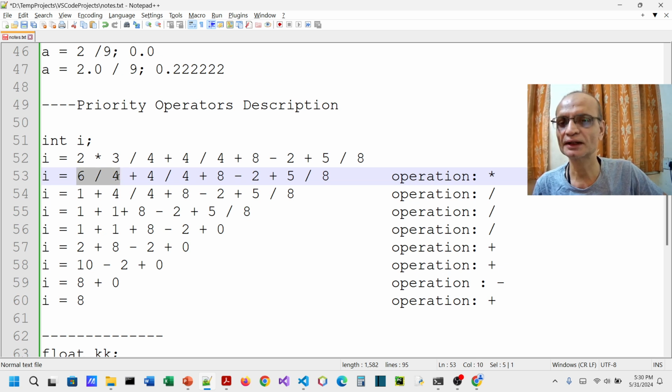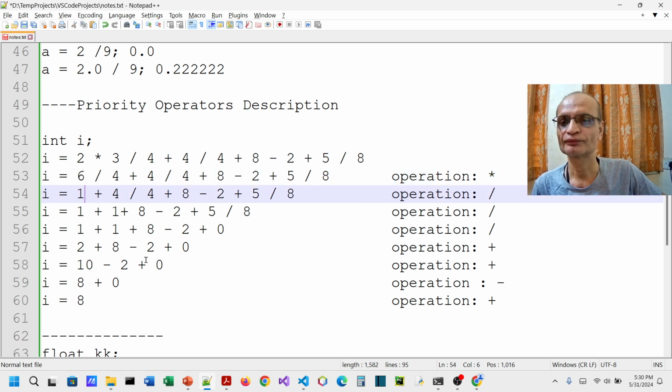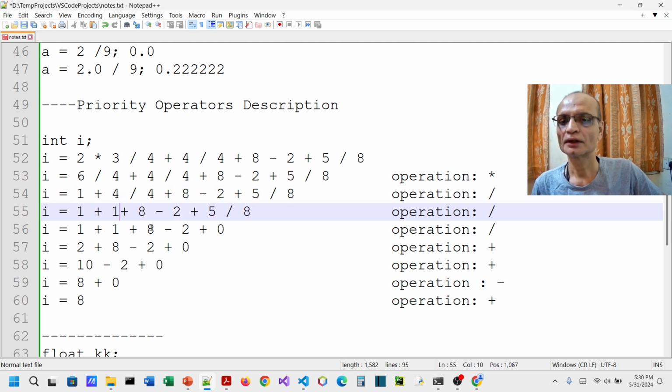Now you will see this is an integer division. 6 by 4 is going to give 1 point something, but 6 is an integer and 4 is an integer, so the answer is 1, and then you have the remaining part. Now the operation will be division again.